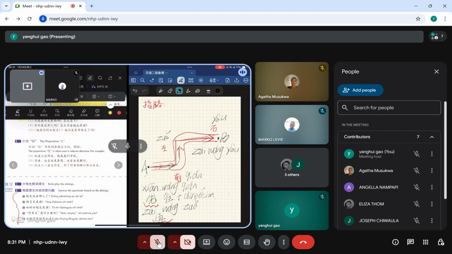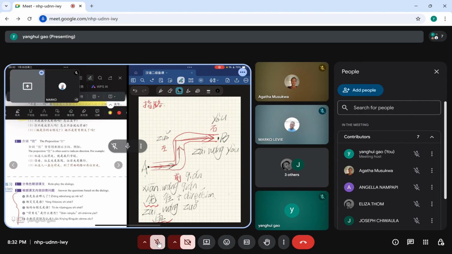So we can see we use 往 as the direction word to indicate the direction, right? In this first picture, we go from A to B. We go straight first, and then turn right, and then turn left, and then turn right.